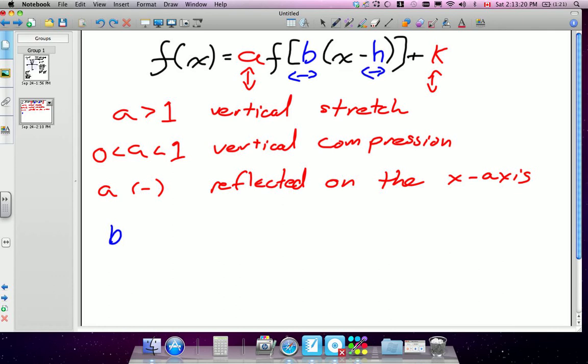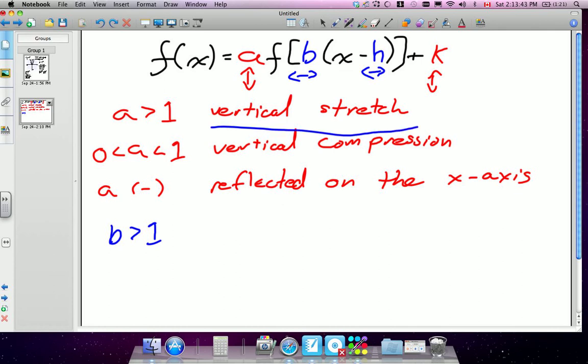Okay. So if we have B and say B is greater than 1, the only thing about B is it's the opposite idea of A. So when A was greater than 1, we got a vertical stretch. When B is greater than 1, we're actually going to get a horizontal compression.